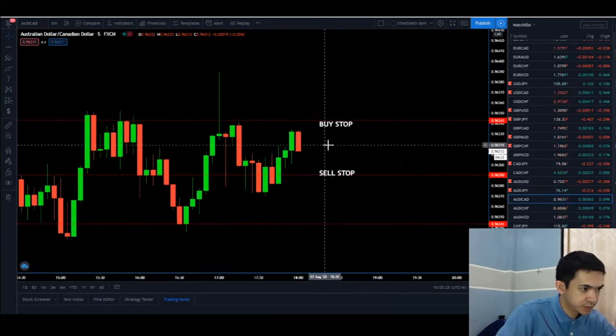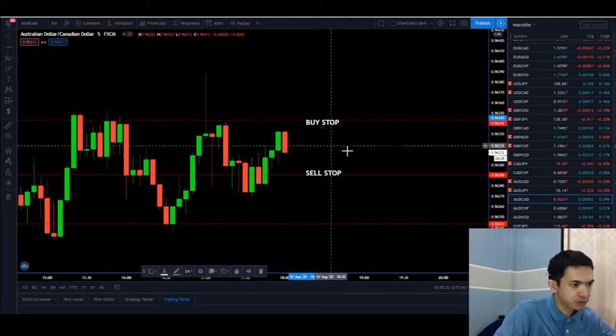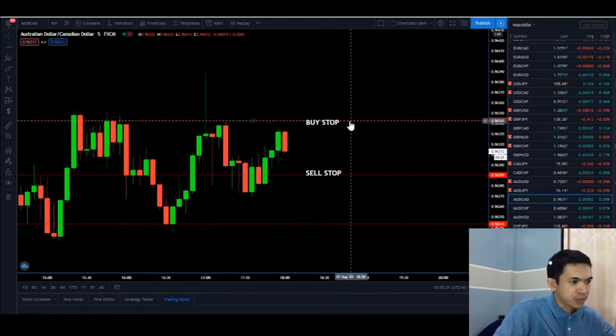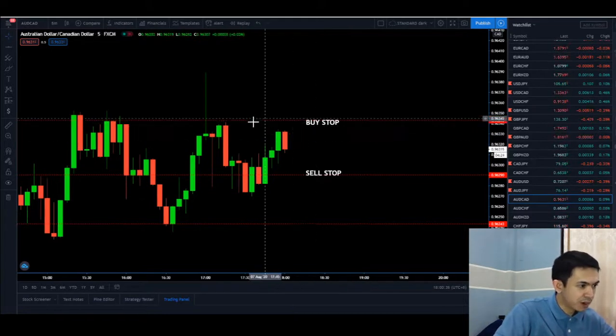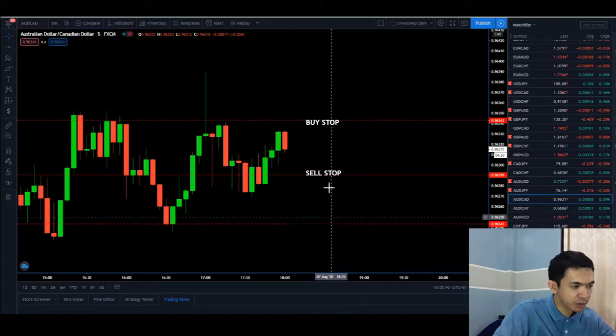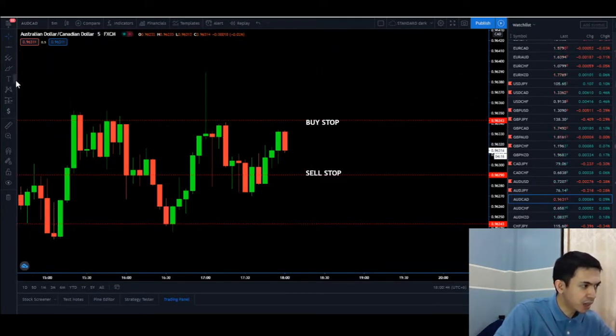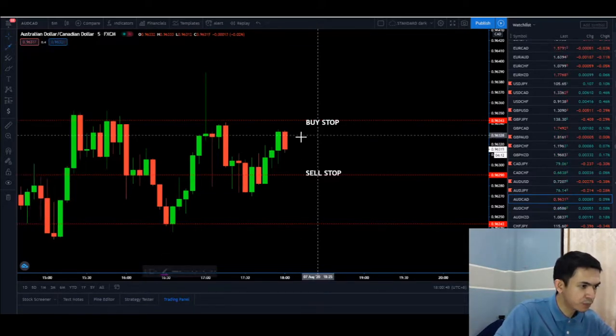Buy stop, sell stop. If I use a buy stop order, your order must be placed above the current price. Unlike the buy limit, which should be below your current price, buy stop should be above your current price, meaning you're anticipating a continuous move up.